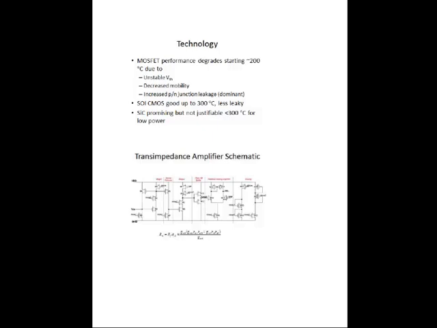As you know, this gain depends on the process and temperature, so it will vary. Then we have a class AB, or push-pull, stage here to be able to drive a resistive load. We used zero threshold devices to have a wide swing in this amplifier.